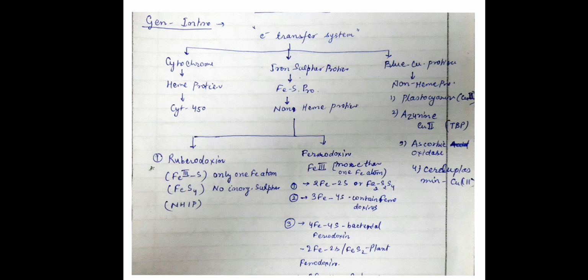Now ferredoxin has iron in the plus 3 state, with more than one iron atom: 2Fe, 2S, or you can say Fe2S2. Second is 3Fe, 4S containing ferredoxin. Third is 4Fe, 4S. This is called bacterial ferredoxin. 2Fe, 2S is plant ferredoxin, and 3Fe, 4S is called cubane.